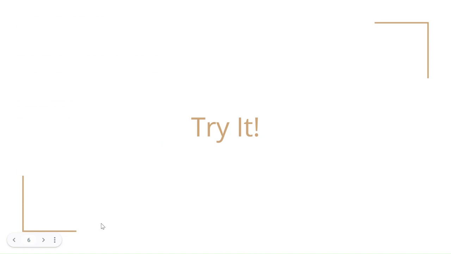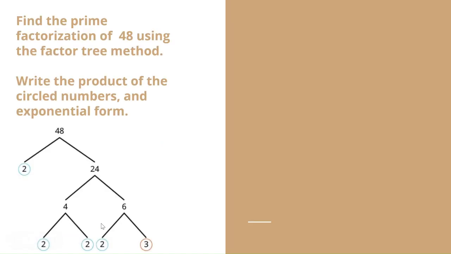Now you can try to find the prime factorization of 48 using the factor tree method. Write the product of the circled numbers and the exponential form. I already gave you the factor tree here, and you also know the circled numbers. So just find the exponential form of the prime factorization of 48.